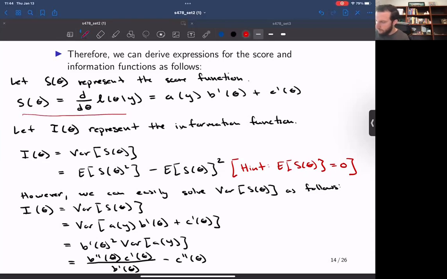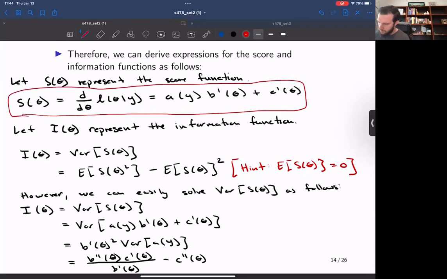And those are the 2 main results from this.